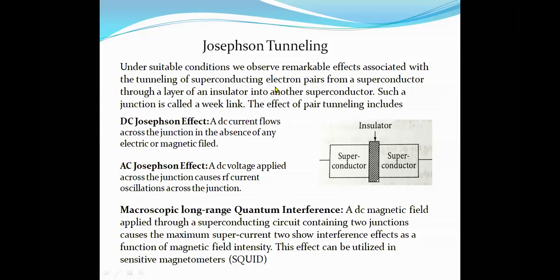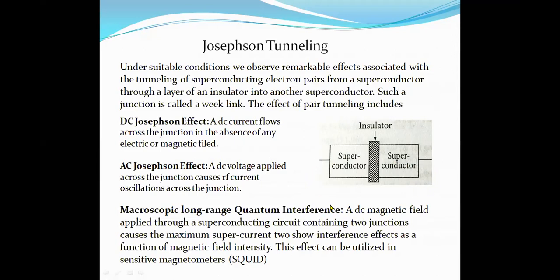So what is this DC Josephson effect? Interestingly, if you close this circuit of two superconductors with an insulator in between, and you don't apply any voltage, even then there is a DC current flowing in the circuit. Similarly, if you apply a DC voltage across this junction of superconductors through the insulator, then also there is a current, but this time the current is AC.